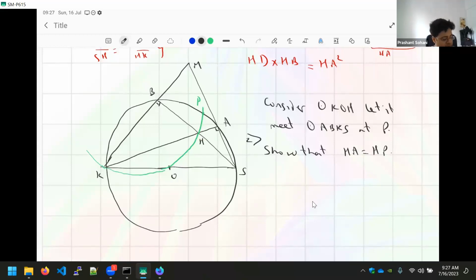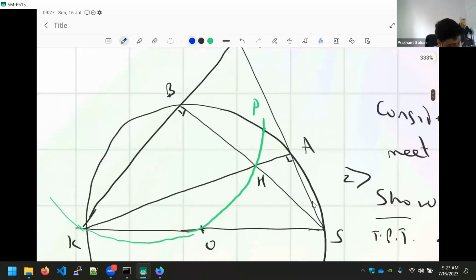So I have a lot of information about angles. If my problem is also posed as an angle problem, it might be easier to make progress. So the first thing we understand is that this is equivalent to proving that triangle HAP is isosceles, which is angle HAP equal to angle HPA. This is what I want to prove, right? And let me just draw the lines which I'm interested in.